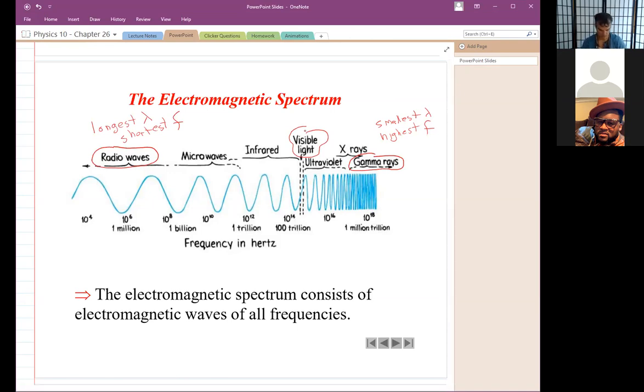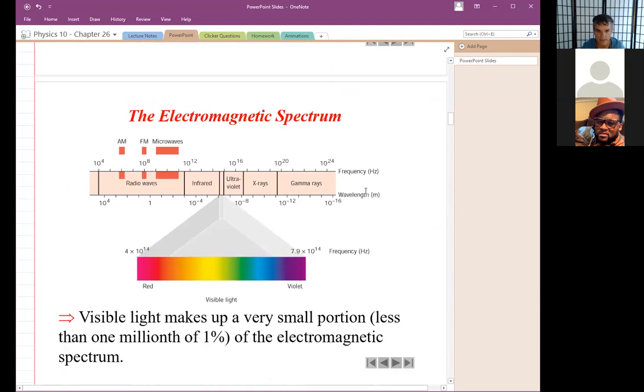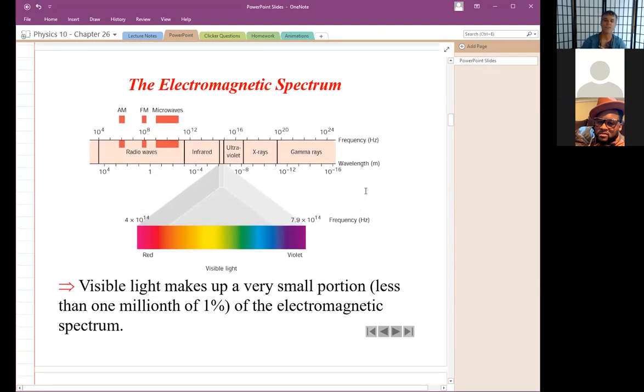So whenever we talk about the electromagnetic spectrum, we're talking about basically all the frequencies of light that there are. So we have radio waves, microwaves, infrared, visible, ultraviolet, X-rays, and gamma rays. And if I were to look at the entire spectrum, you don't need to know this number, but visible light makes up less than 1/1,000,000th of 1% of the entire electromagnetic spectrum.